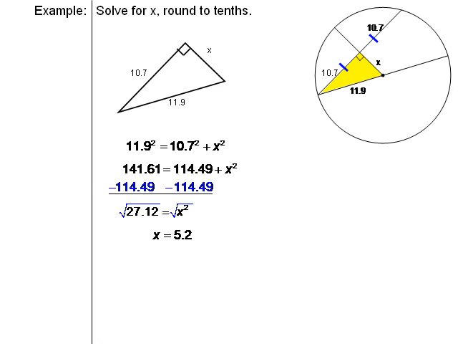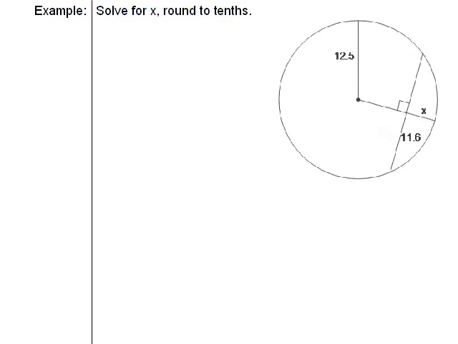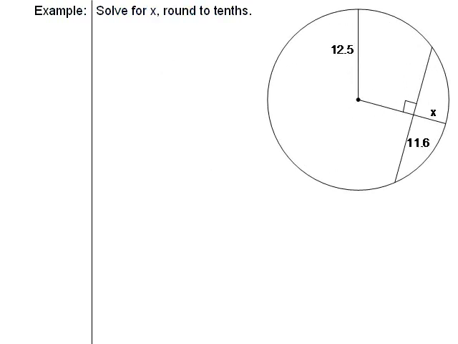A very similar problem, this is a very similar problem to the last one, except our radius that has the length isn't connecting, making a right triangle. So we want to go ahead and connect it to the end of our chord. And now we know all these pieces are all congruent. So now that is also 12.5.